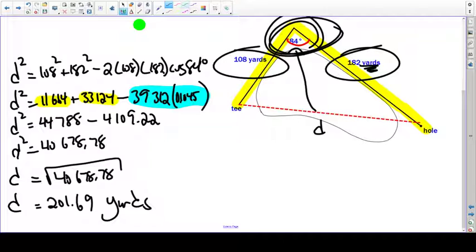So this is a word problem. It had a partial picture. We interpreted the partial picture. We used cosine law, and we figured out that the distance, if you hit it directly from the tee to the hole, was 201.69 yards.